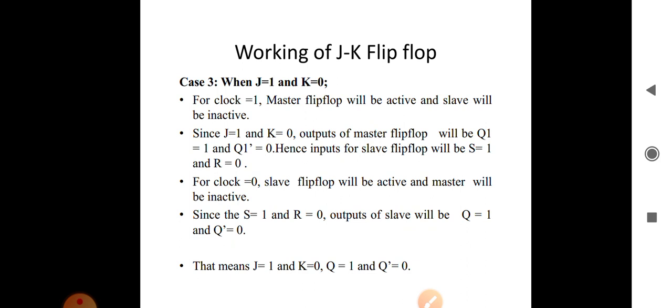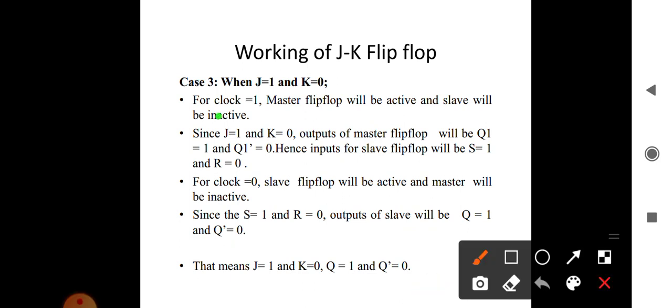For clock is equal to 1, the master flip-flop will be active and slave will be inactive. Since J is equal to 1, K is equal to 0, output of the master flip-flop will be Q1 is equal to 1 and Q1 complement is equal to 0.